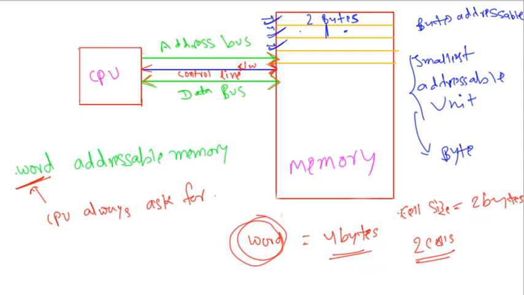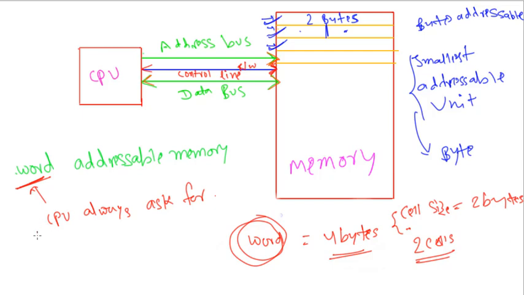So memory has to return 4 bytes. To accomplish this, memory will return 2 cells. In other words, CPU doesn't care what the memory configuration is. It always asks for one word, and memory also always has to return one word irrespective of cell size.